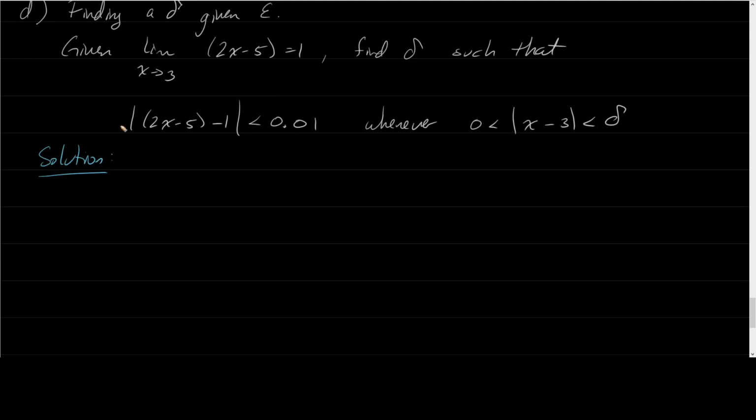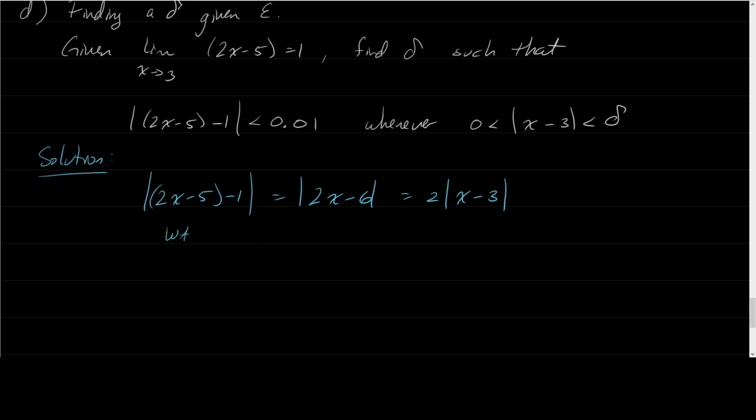So if I start with this absolute value, I have the absolute value of 2x minus 5 minus 1, right? If I combine things there, I end up with the absolute value of 2x minus 6, which is 2 times the absolute value of x minus 3. All I did there was factor out the 2. So what does that tell me? Well, I want this to be less than 0.01, right?